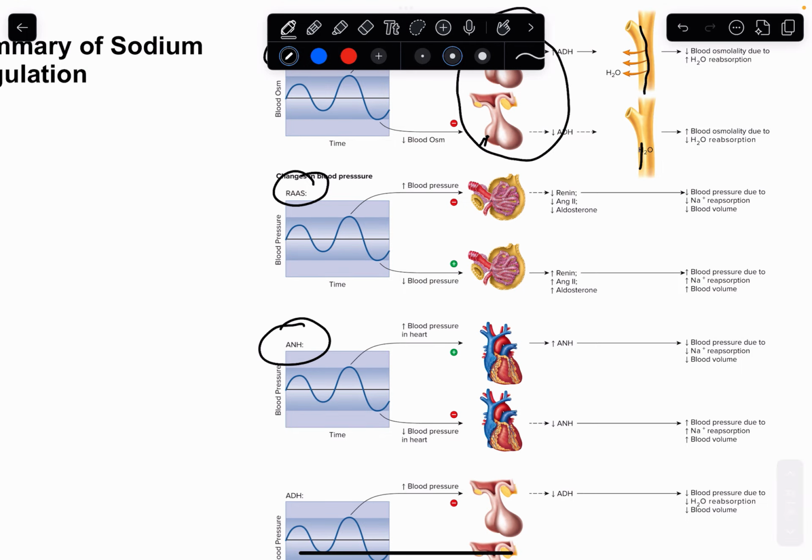Here RAS mainly controls increasing the blood pressure. You can see the glomerulus here, the filtrate goes through this, and the distal convoluted tubule comes around.